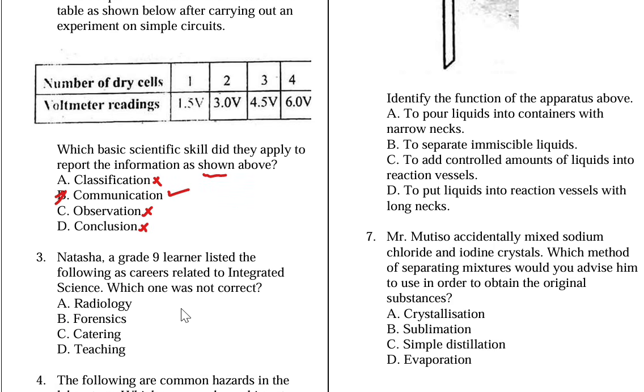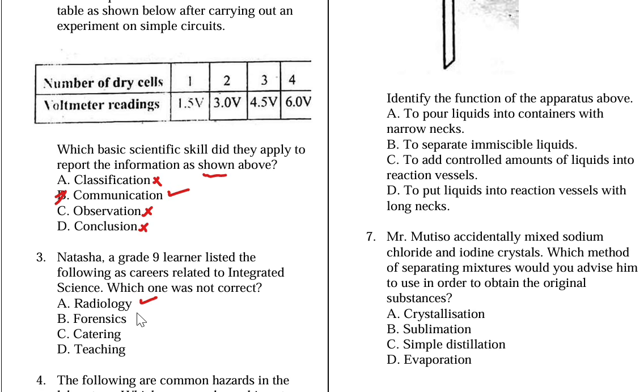Continue to question number 3. Natasha, a grade 9 learner, listed the following as careers related to integrated science. Which one was not correct? A, radiology, B, forensics, C, catering, D, teaching. Which one do you think is not correct? To start with, radiology, this one is science related. It is medical imaging, things like X-ray.